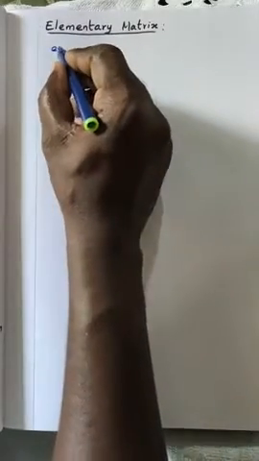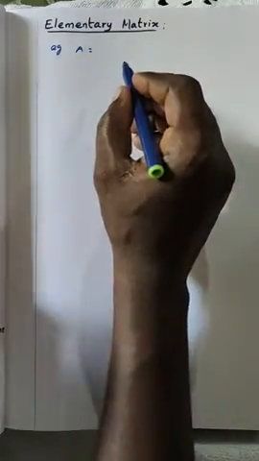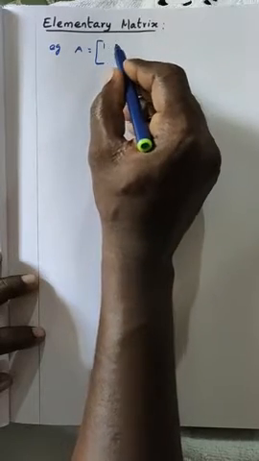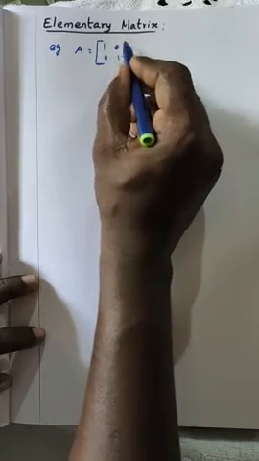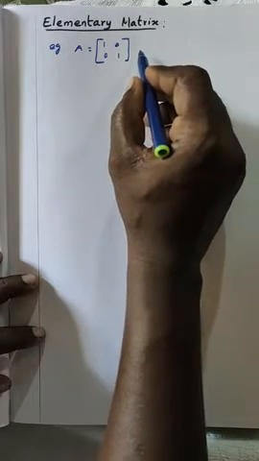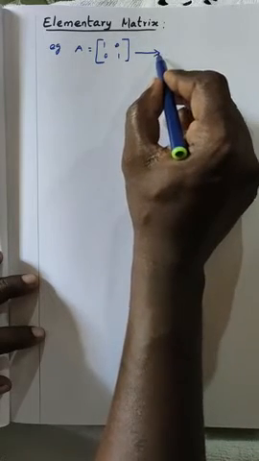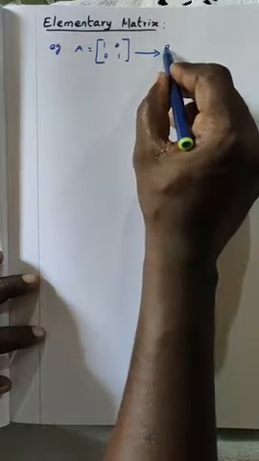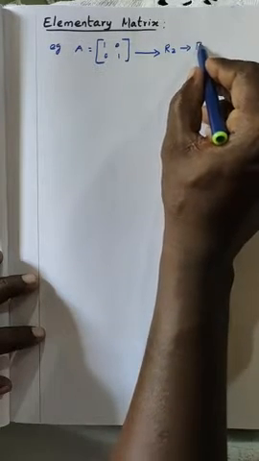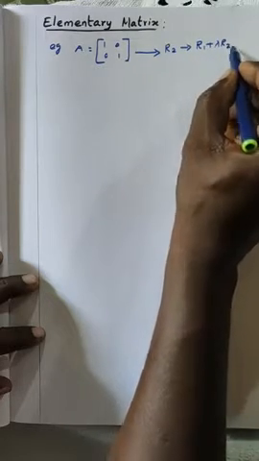For example, consider a matrix A, that is the identity matrix 1 0 0 1, then applying only one elementary transformation, that is R2 is replaced by R1 plus lambda R2.